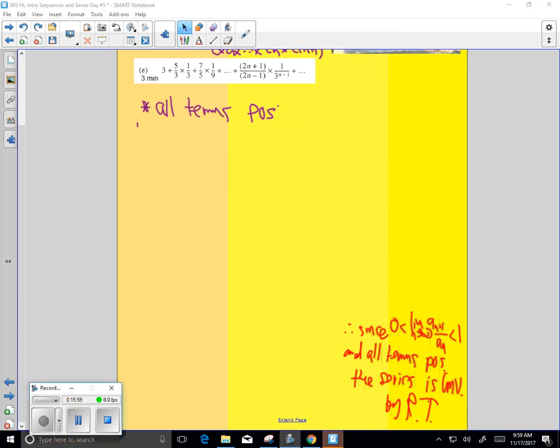All terms positive for this one. So let's list it. A of n is 2n plus 1 over 2n minus 1 times 1 over 3 to the n minus 1. The a of n plus 1 is going to be a little uglier.